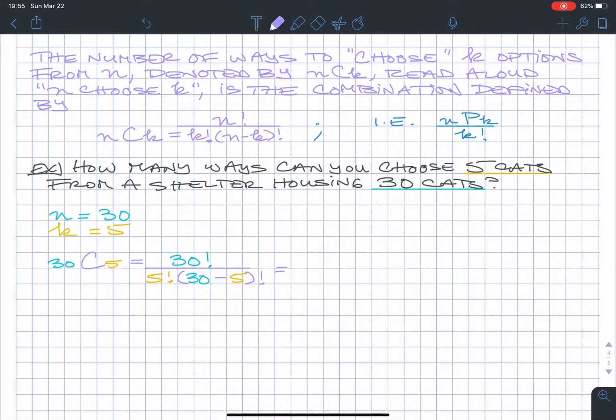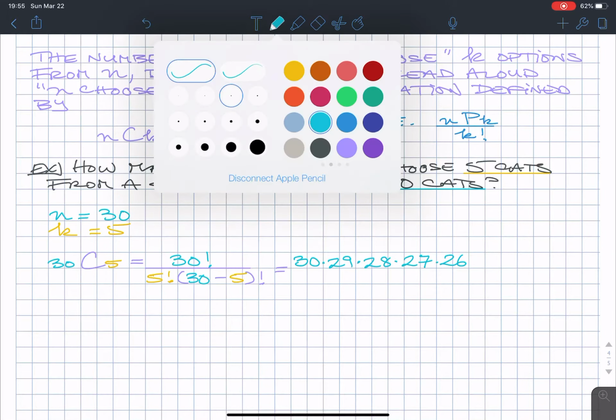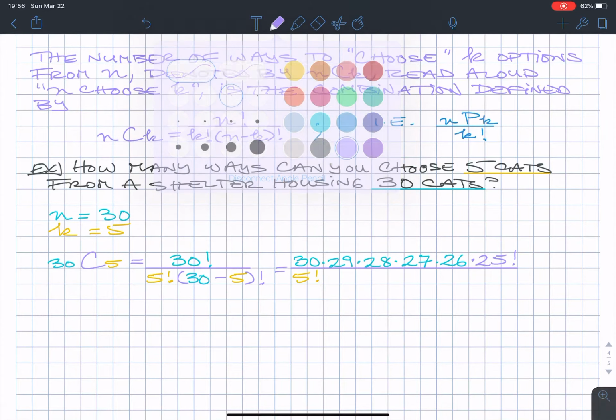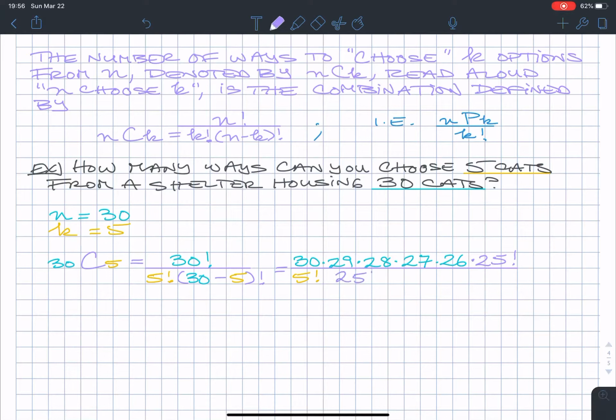So this becomes, let's see, 30 factorial rather, will be 30 times 29 times 28 times 27 times 26, finally, times 25 factorial, all divided by 5 factorial, and 30 minus 5 is 25 factorial.